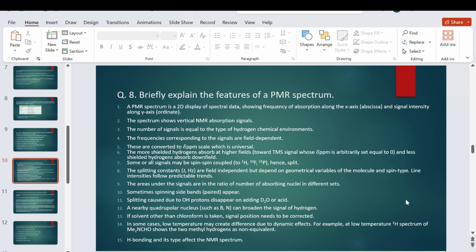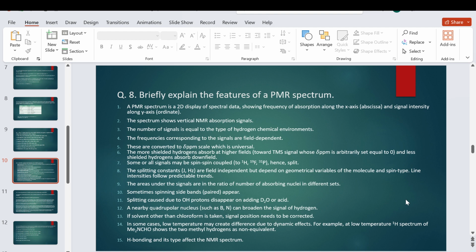The number of signals is equal to the number of types of hydrogen chemical environments. The frequencies corresponding to the signals are field dependent. They are converted into the delta ppm scale, which is universal, field independent. The more shielded hydrogens absorb at higher fields towards the TMS signal, whose delta ppm is arbitrarily set equal to 0, and less shielded ones absorb away from the TMS signal.